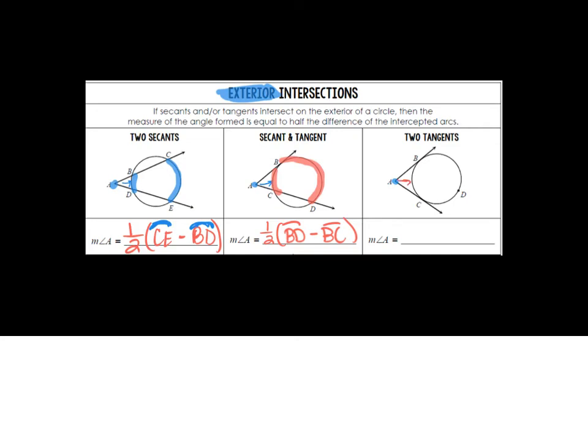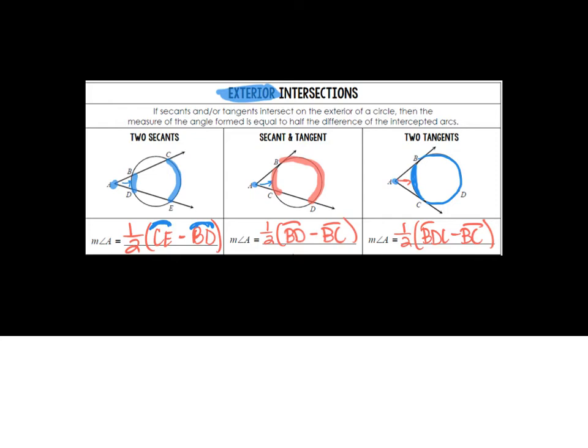And the arcs here are BC. And the other arc is the rest of the way around BDC. Okay. So this is half of the major arc minus the smaller arc.